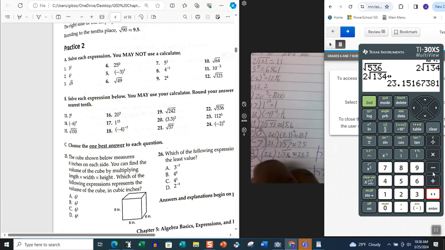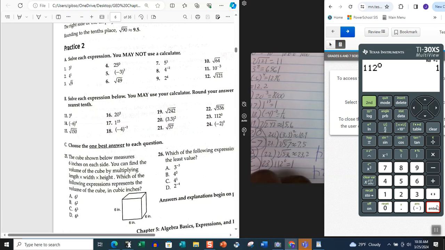Now, problem 23. We have 112 to the 0 power. Now we know that equals 1 from what we had before, but we could type that in. 112, hit the exponent key, 0, press enter. It gave us 1.